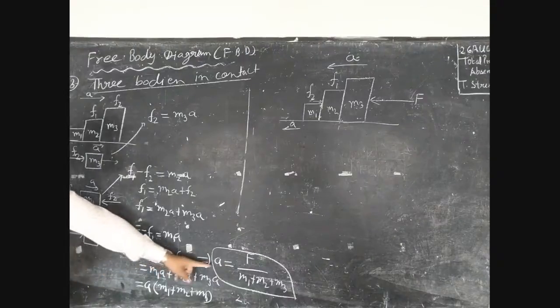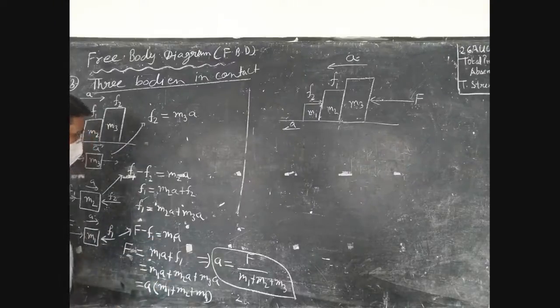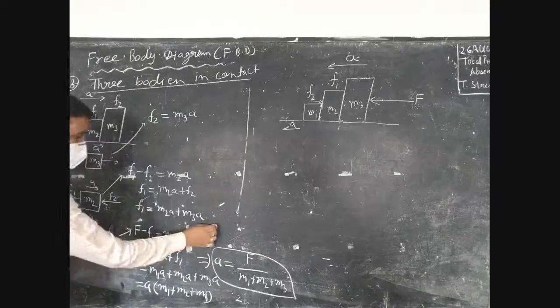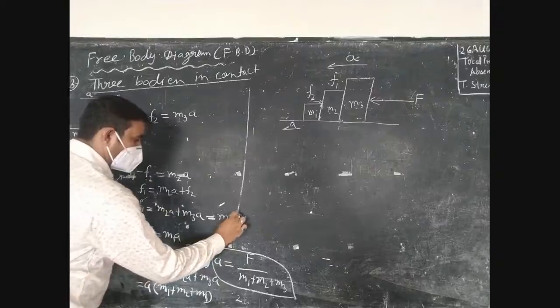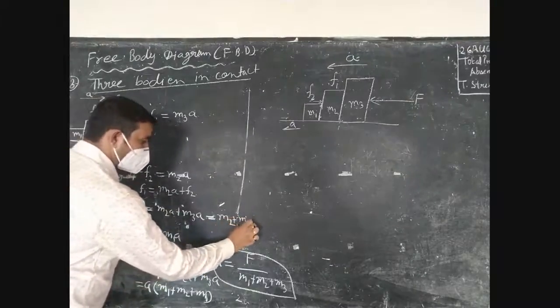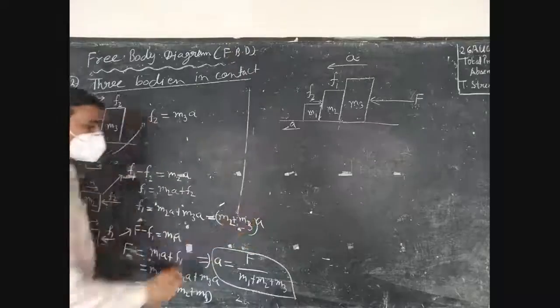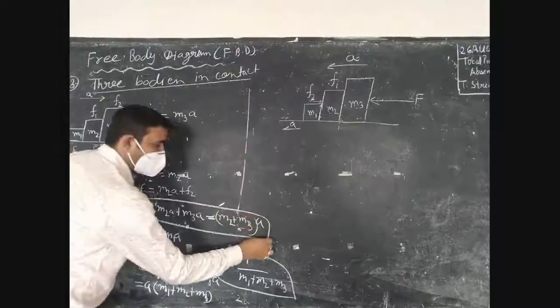Now the force experienced or opposing force F1, where is F1? M2 plus M3, A. So this is your F1.